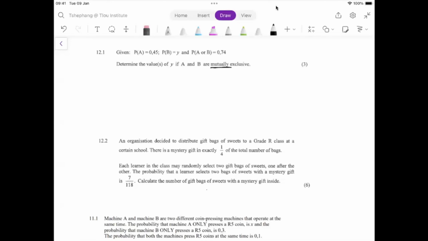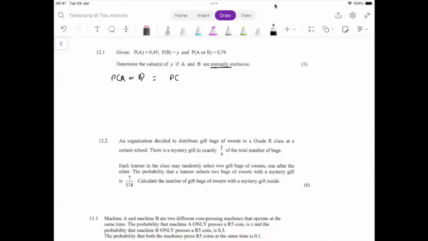Okay, I'm getting 0.29, 0.3, and a 0. Okay, perfect. Let's quickly check. Now, the probability of A or B is equal to how much?